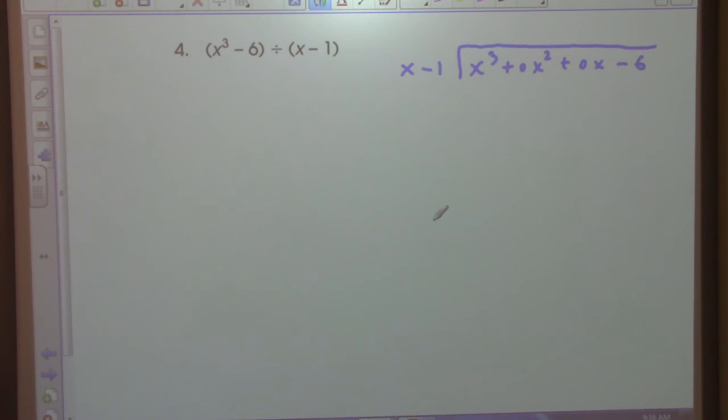Why are we doing that? Because 51 and 5001 are not equal to each other. So if we just wrote x cubed without all the placeholders, the division wouldn't work.